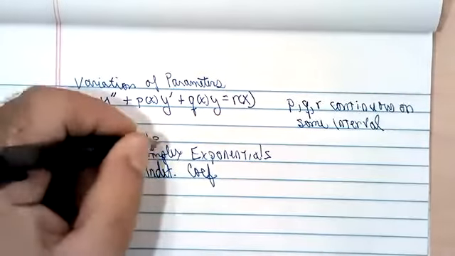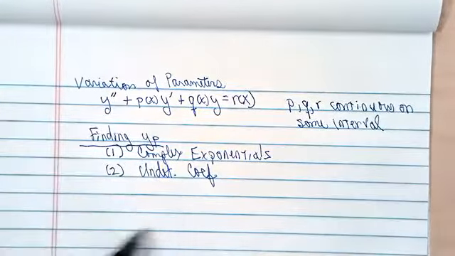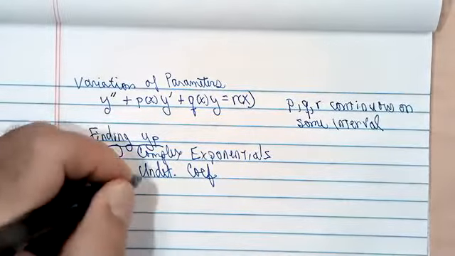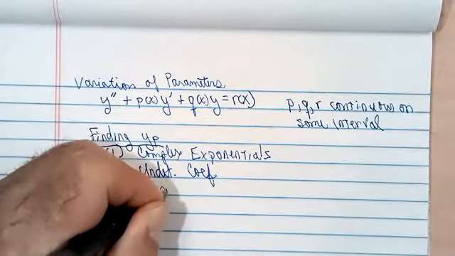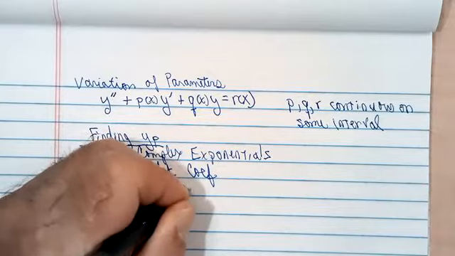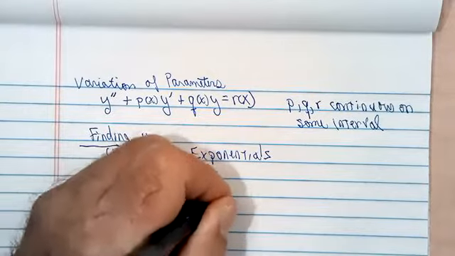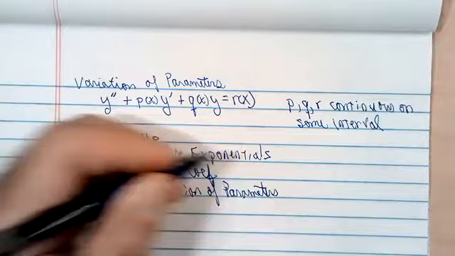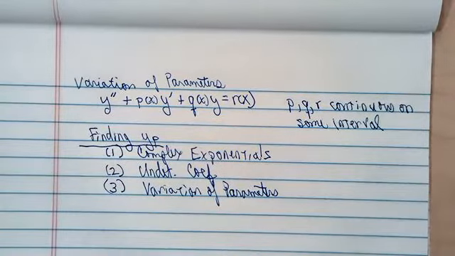And now, what do you do if you don't fall into one of those categories? The third option is to use variation of parameters. I think I kind of interrupted myself. I was telling you what variation of parameters says.